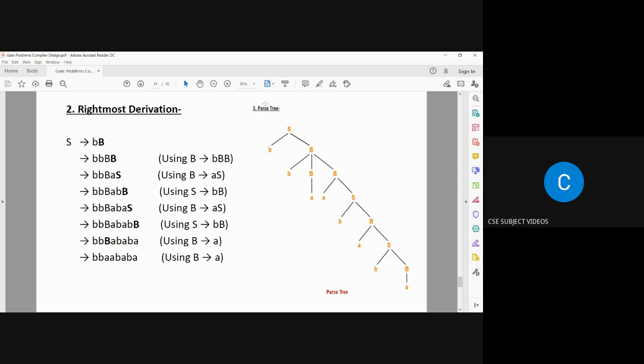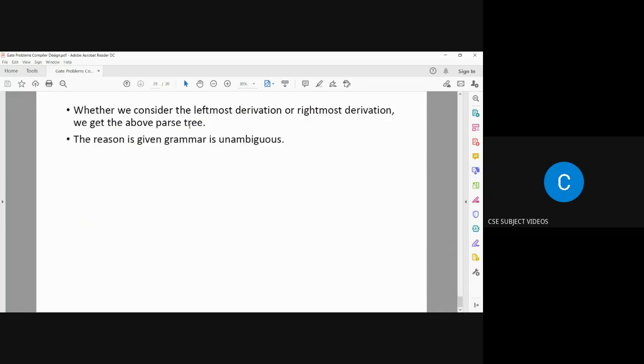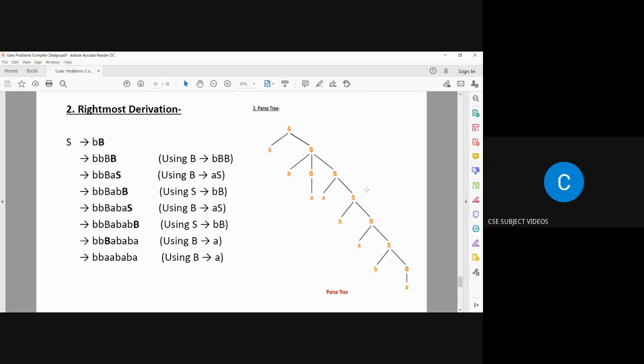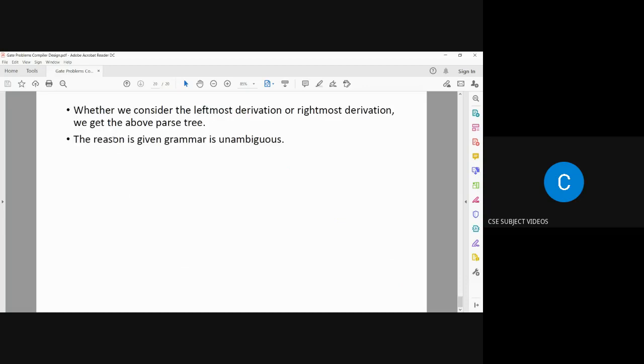For deriving the parse tree, take any one of the derivations, rightmost or leftmost. Whatever the derivation, we get the same parse tree or derivation tree. The reason is that the given grammar is unambiguous.